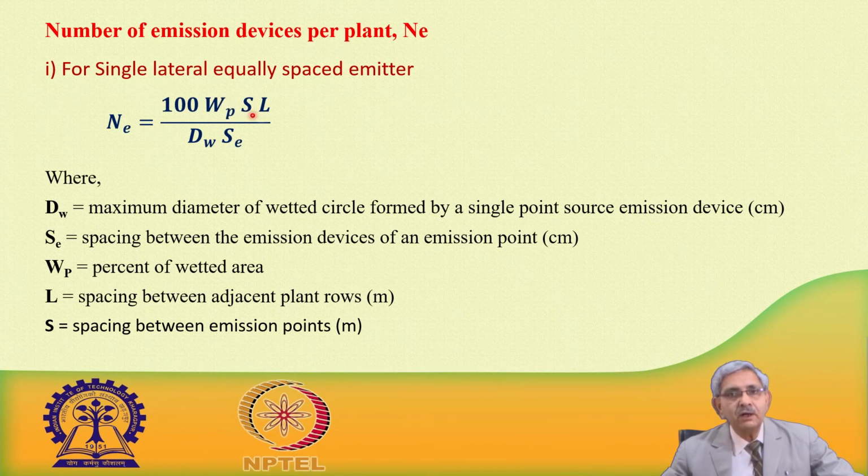Now, for a single lateral with equally spaced emitters, again one can find out how many emitters are needed.